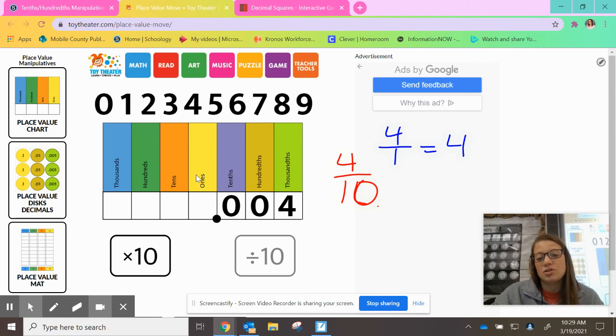They don't just take ones, tens, hundreds, thousands, and then memorize it in reverse with a TH on the end. They need to understand why tenths come after the decimal point, and then hundredths, and then thousandths, and connecting that back to their knowledge of fractions and the powers of 10 as you move on the place value chart. That's going to be the best way to introduce decimals to your students.